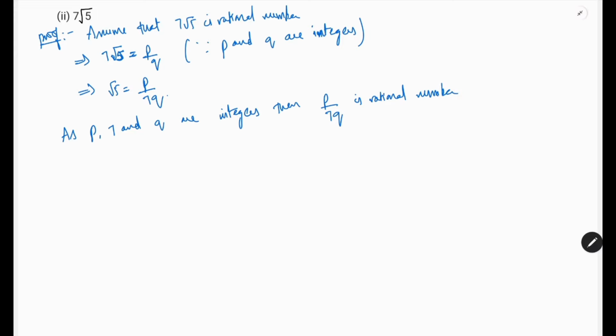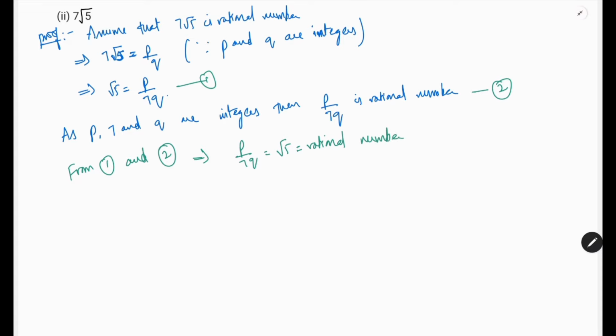Now take this as the first and this as the second equation. From the first and second equation, p by 7q is equal to root 5 is equal to a rational number. This implies root 5 is a rational number.